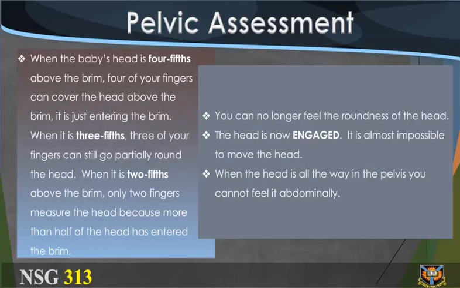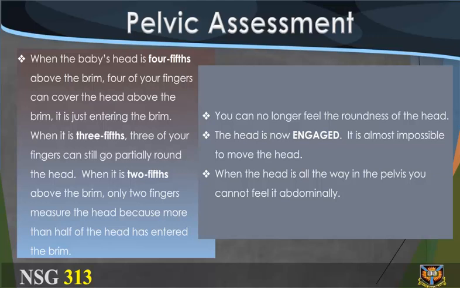When the baby's head is 4 fifths above the brim, 4 of your fingers can cover the head above the brim. It is just entering the brim when it is 3 fifths. 3 of your fingers can still go partially round the head. When it is 2 fifths above the brim, only 2 fingers measure the head because more than half of the head has entered the brim.